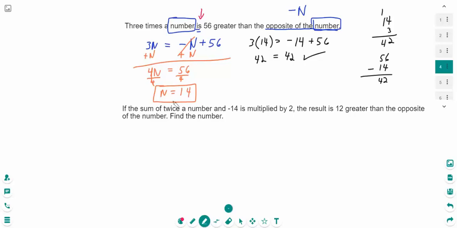But the problem with this one is, look at all the "is"s we have. We've got an "is" here. We have another "is" over here. And we also have a comma, which I had mentioned in previous lessons, is often indicative of an equal sign as well. So we kind of have a bunch of equal sign things going on here.